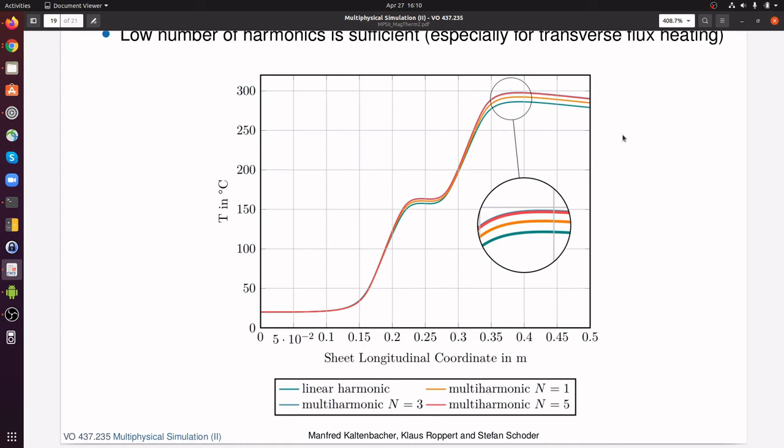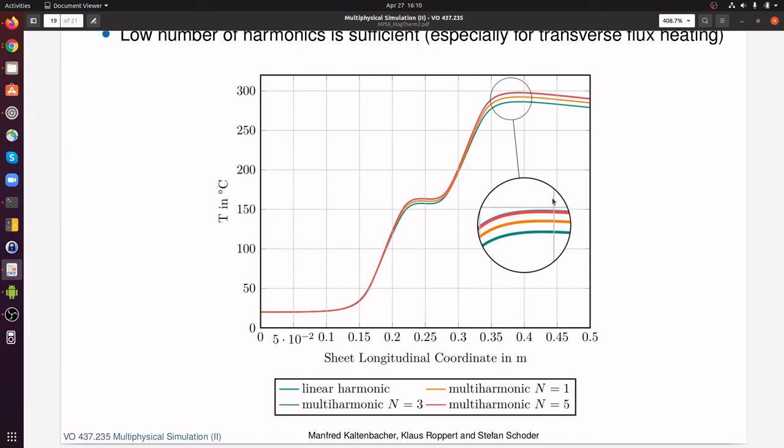So if you have some convection going on, if someone opens the door and air is streaming into your facility, then the heat transfer coefficient is totally different than the one you simulated, and it's off by far more than these deviations you see here.